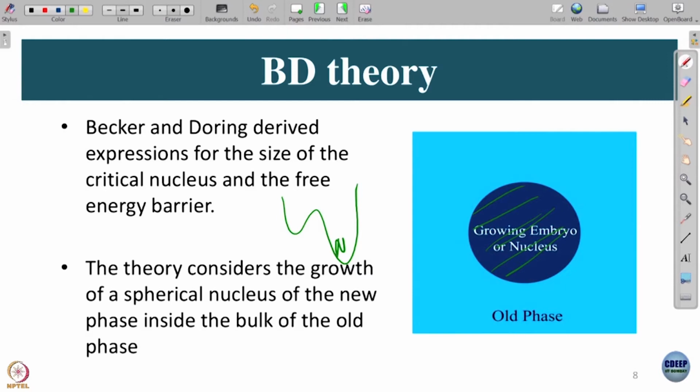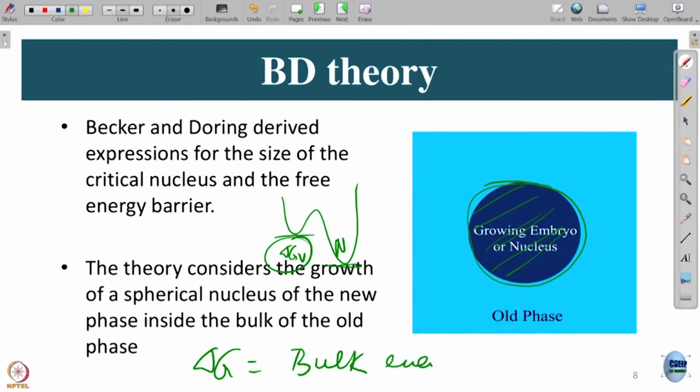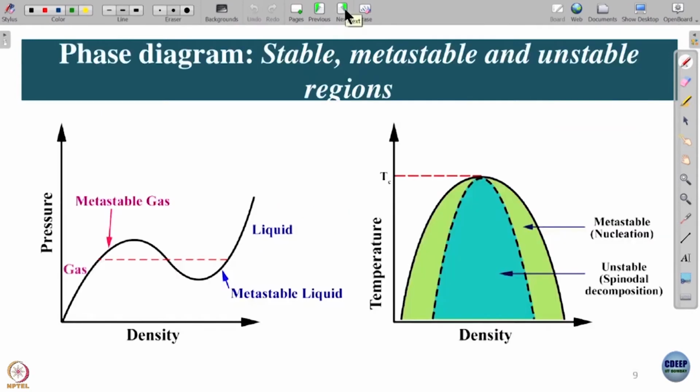When it is here, it gets considerable free energy, say the free energy per unit volume I define as delta G_V. So it gains that energy. However, it creates this surface and it has to pay for the surface. So total delta G is the sum of bulk energy which is gained, this is negative, but then surface energy which it has to pay. Some of you might already be beginning to see what that is.